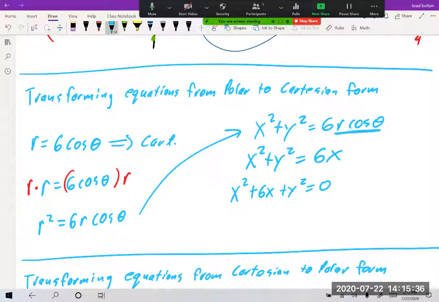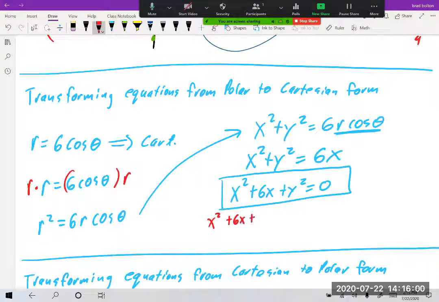Now, if you're asked to write this in perfect form, you could complete the square. So this is the answer I think the book will take. But down the road, they may ask you, what shape is this? I think they may ask us to complete the square. So we're going to do x squared plus 6x plus, now completing the square of x squared plus 6x would be plus 9.